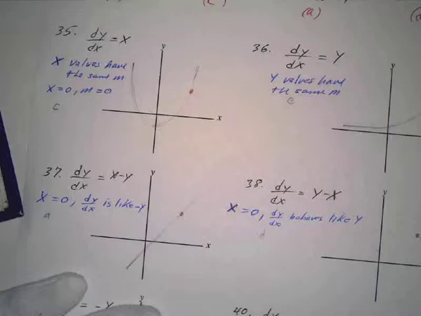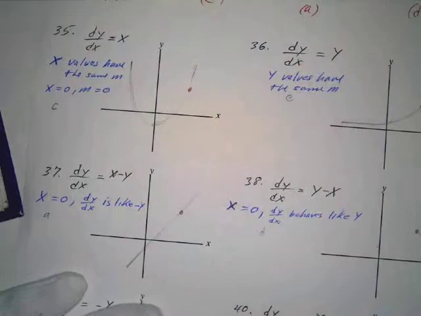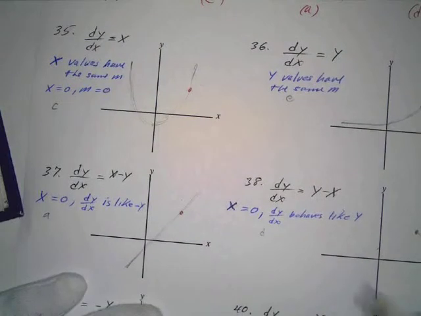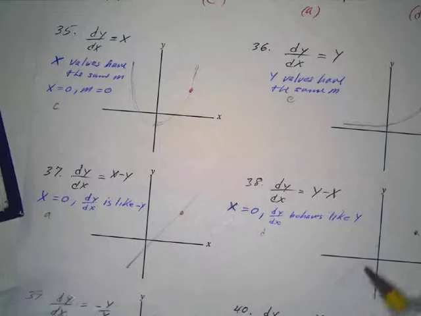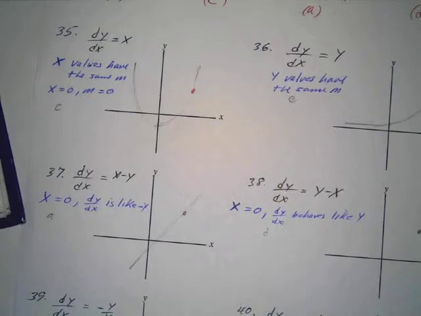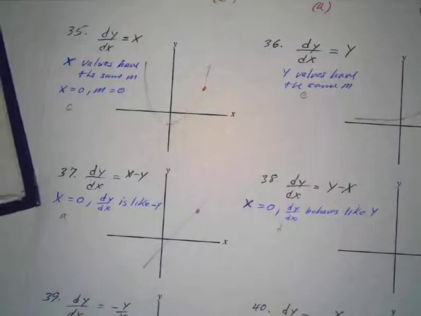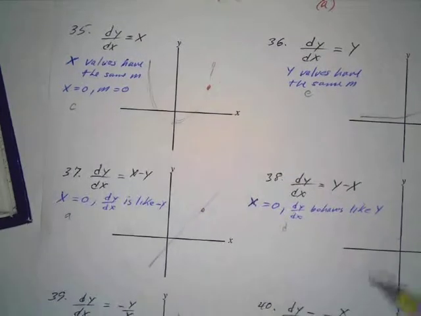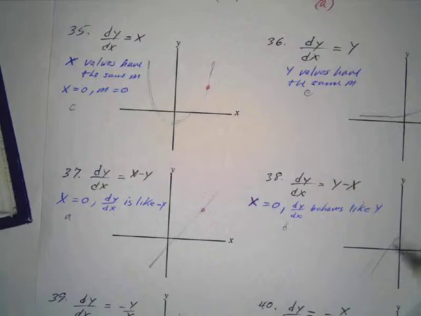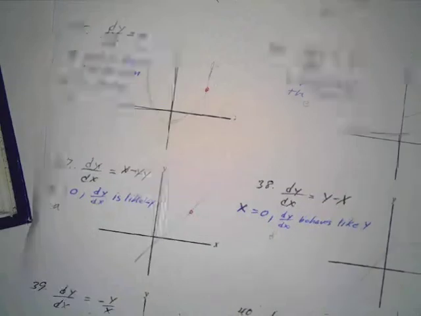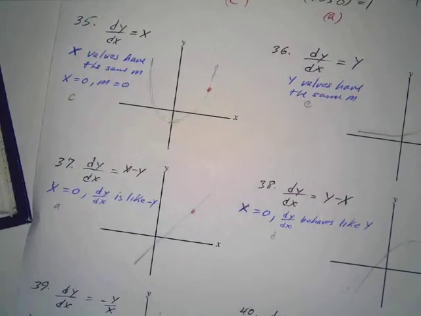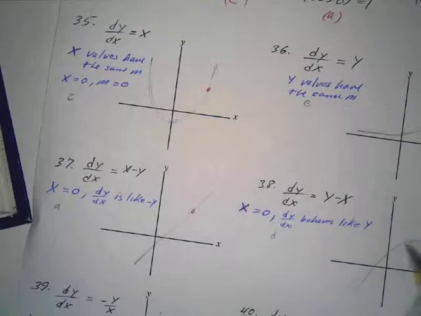So you do something like that, you should have something like, it looks like it's coming from over here. It looks like it's crossing higher up too. So something like this, coming down like this. Something like that.